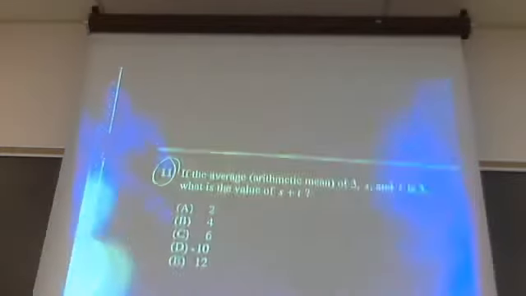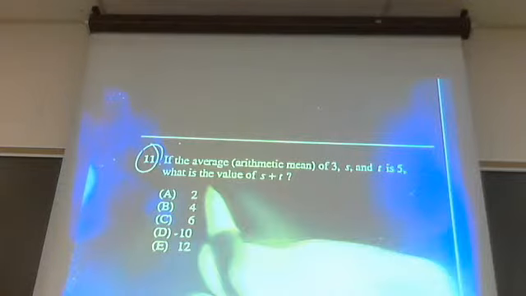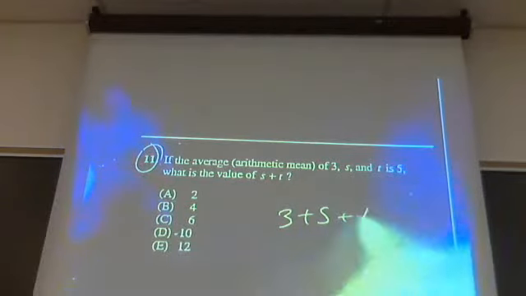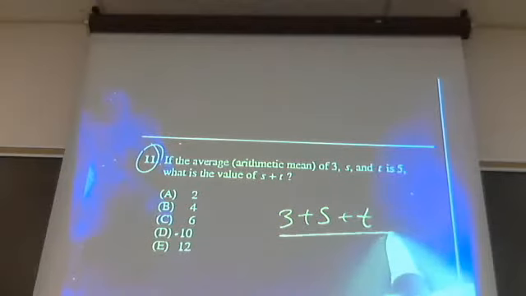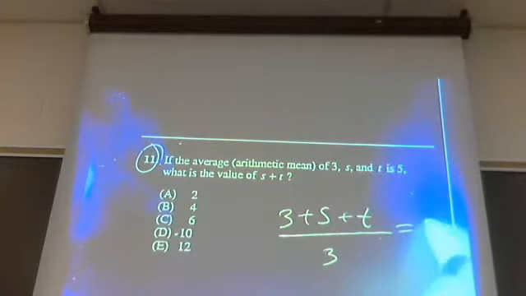Okay, question 11. If the average of 3, S, and T is 5, what is the value of S and T? The average of 3, S, and T, how do you find the average of 3 numbers? Add them up and divide by 3, is 5.